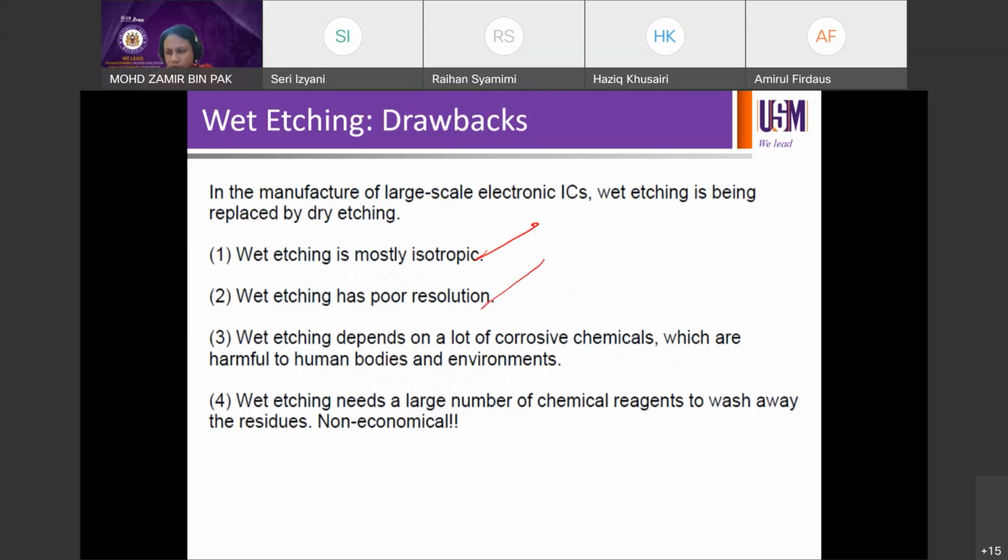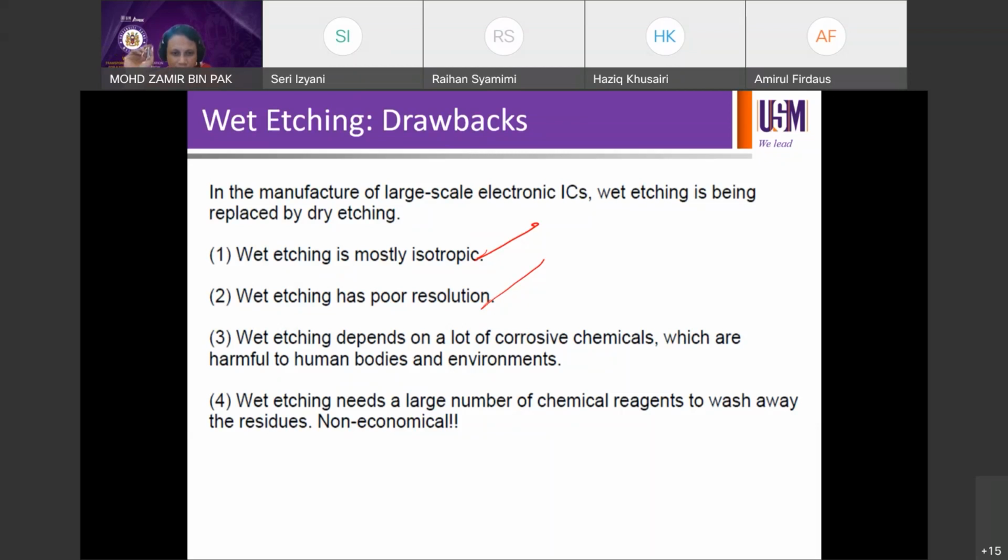So that means if you want to go for a very small feature size, the control over the wet etching process is less. The control is not as good as the dry process. Unless you can prove that you can have better control over the process by using wet etching.